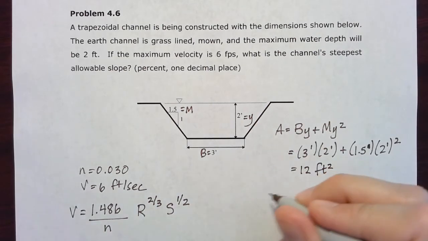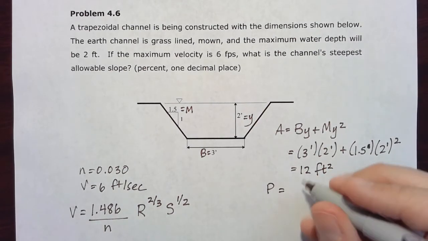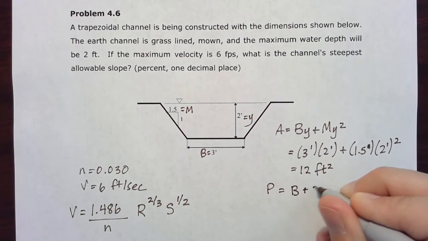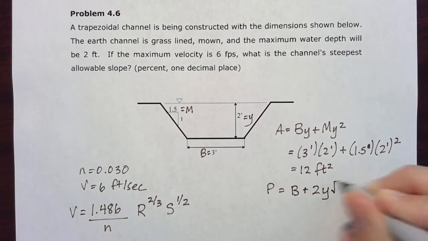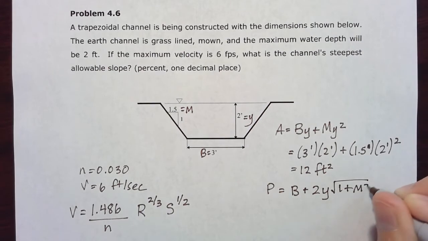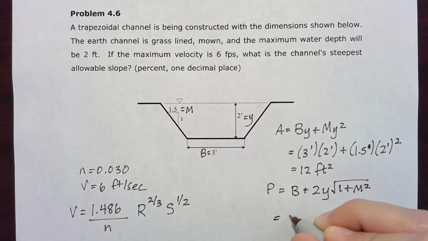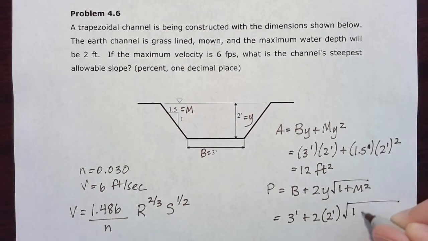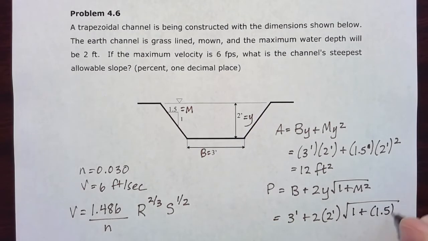And then the wetted perimeter, again, we're going to follow those formulas. That's equal to this base b plus 2 times y times the square root of 1 plus m squared. So in this instance, we have 3 feet plus 2 times 2 feet times the square root of 1 plus that 1.5 squared. Remember, 1.5 does not have any units in this definition.